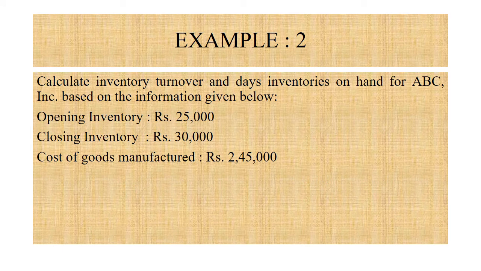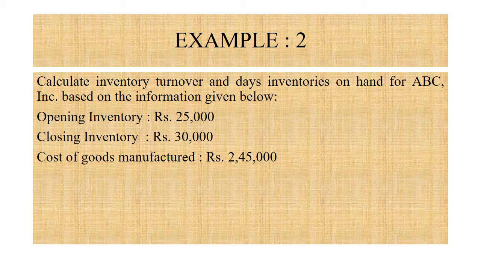Taking the second example, calculate inventory turnover and days inventories on hand for ABC company based on the information given below. Opening inventory rupees 25,000, closing inventory rupees 30,000, cost of goods manufactured rupees 2,45,000. Here the question has asked us to calculate the inventory turnover as well as the days inventories.